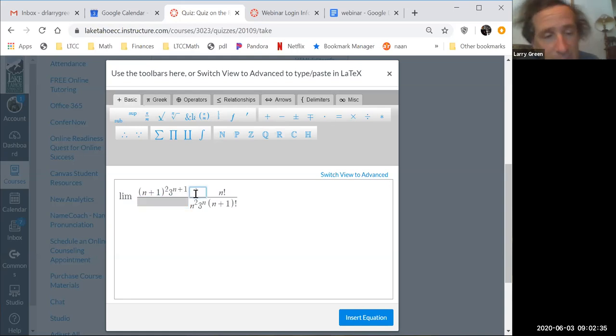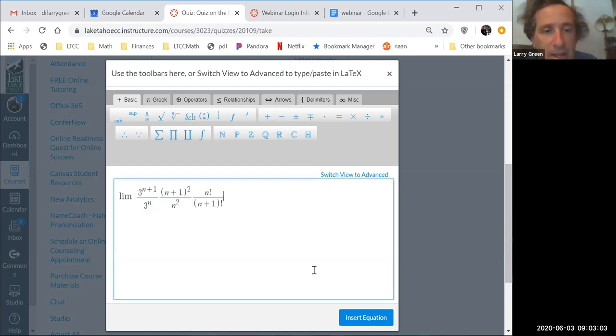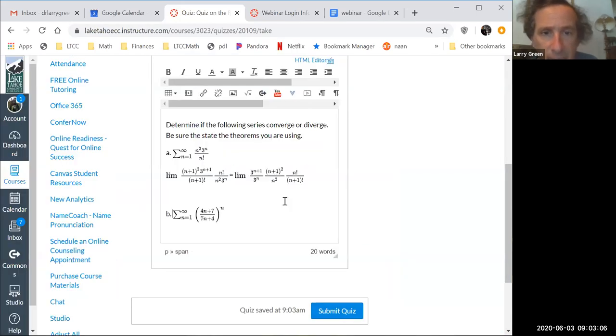And then the middle one, I'll just say n plus 1 squared over n squared. So get rid of that one. And then I'm going to take the 3 to the n and move that over to the left. Any questions about the rearranging? Okay, that rearranging really makes a difference in terms of making this doable.